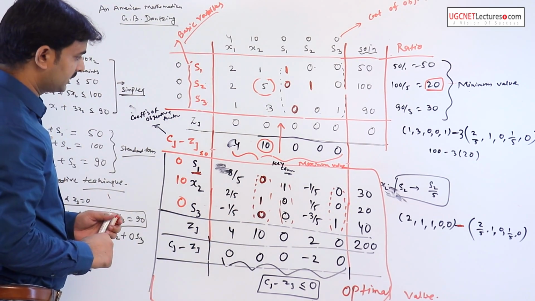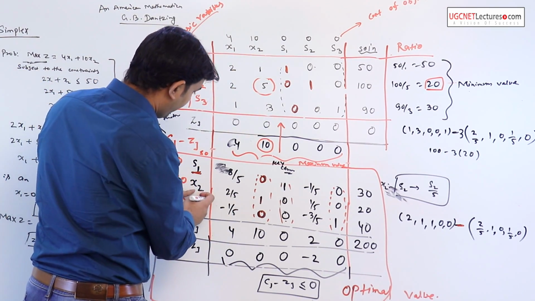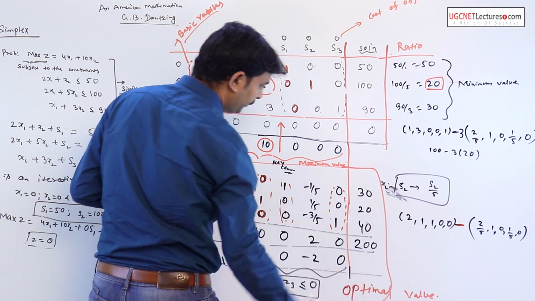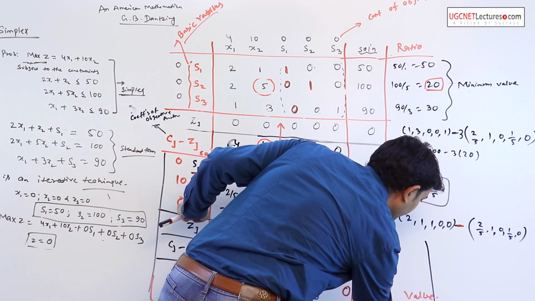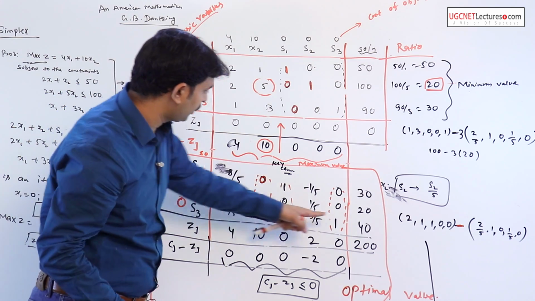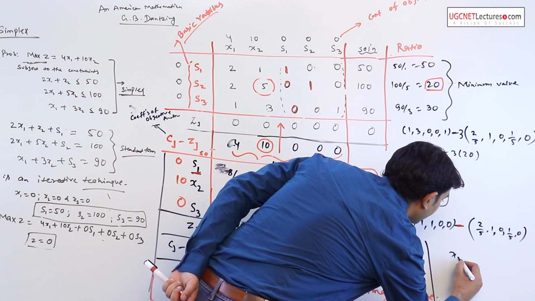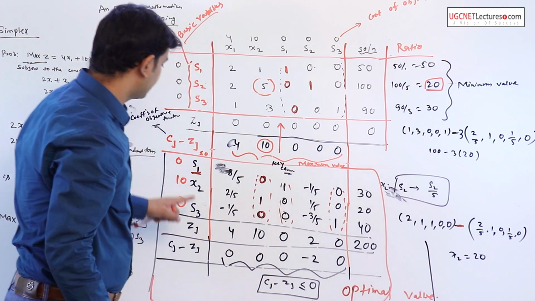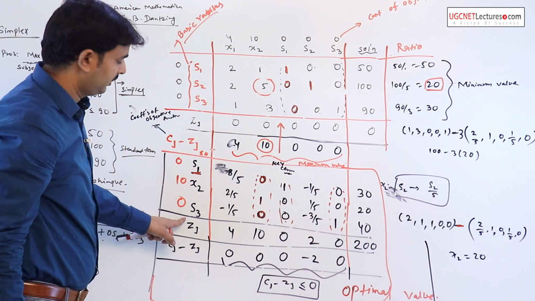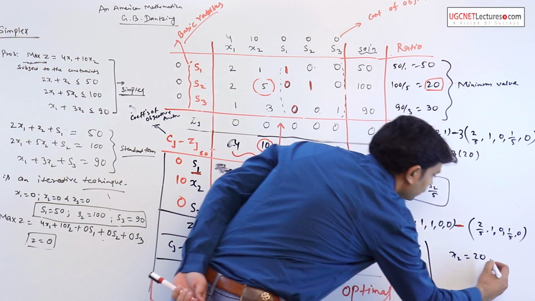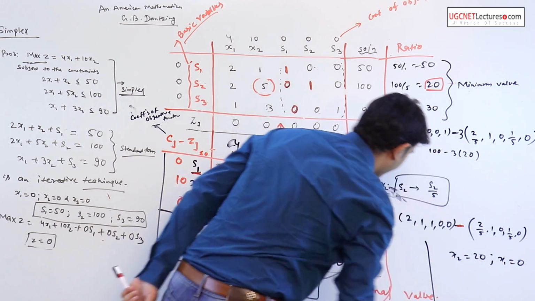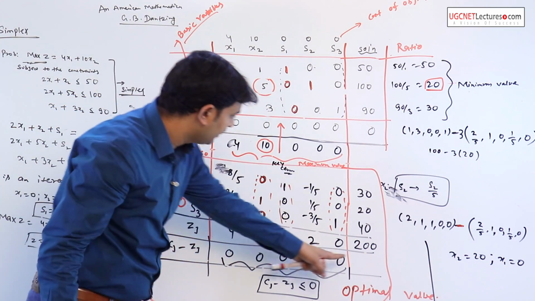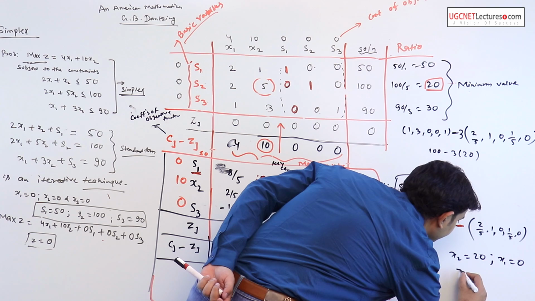So the solution is x2 equal to 20. The only basic variable is x2, that means x1 is not written here, so x1 is 0, and the solution z is 200.